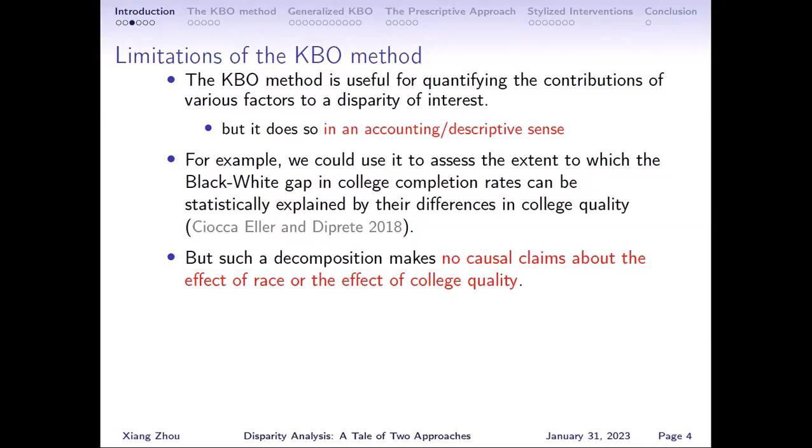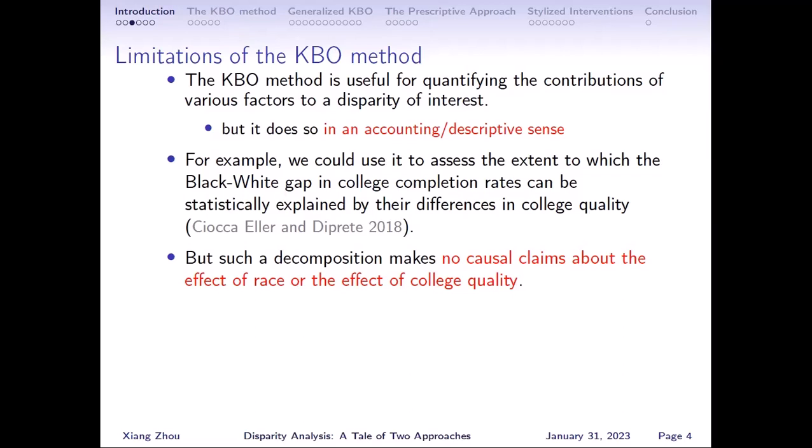But the more subtle and less appreciated point is that the implementation of decomposition methods also doesn't explicitly address the causal effect of the so-called explanatory variables, because it doesn't really try to adjust for potential confounding of its effect on the outcome, right? So because it doesn't address potential confounding of the relationship between explanatory variables and the outcome, it is not really well suited for guiding policy.